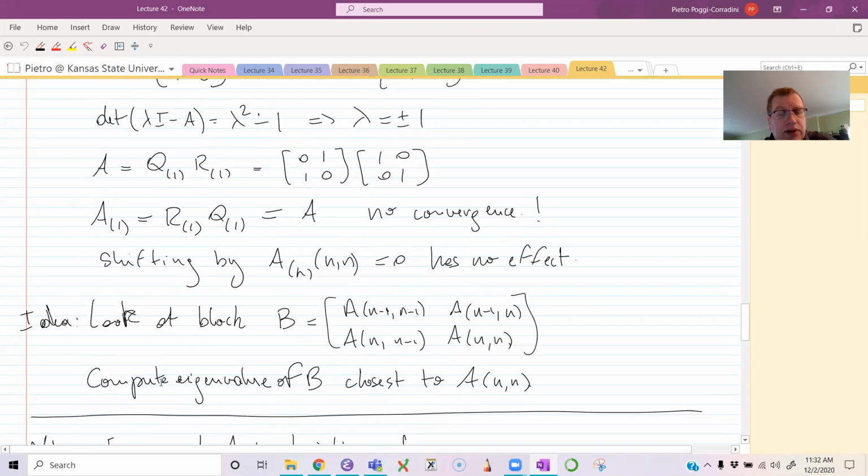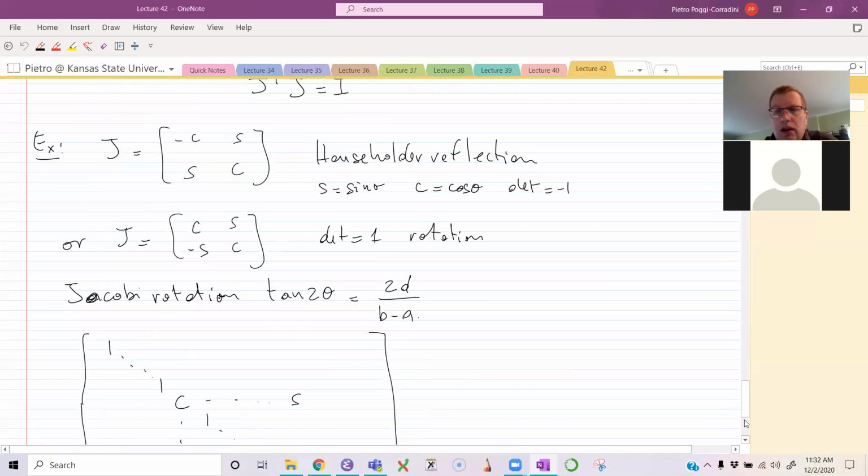I guess the strategy is to just pick one randomly. If you have two eigenvalues that are closest to a_nn, just pick one of them. That makes sense? Yeah. All right.